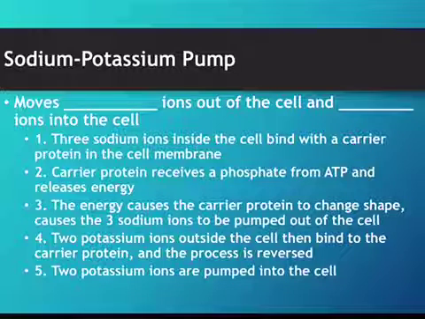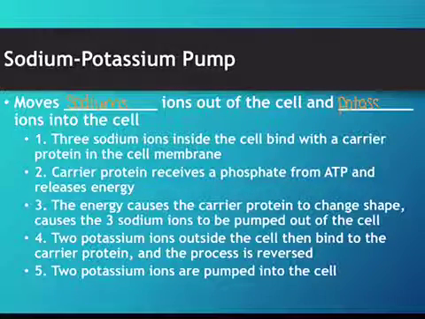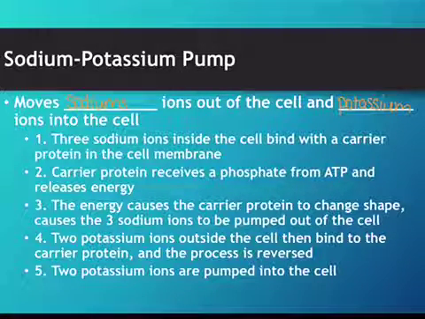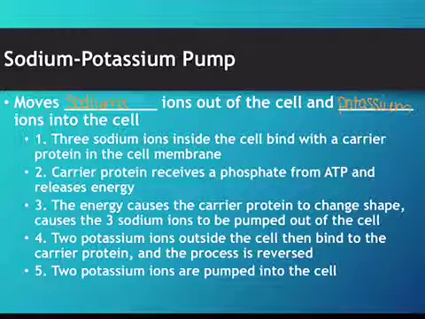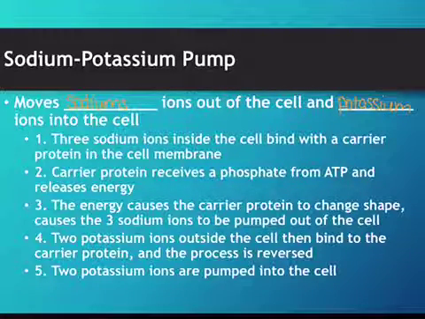So one of the most common pumps is called the sodium-potassium pump. The sodium-potassium pump moves sodium ions out of the cell and potassium ions into the cell. So how it kind of works is we're inside the cell and we need 3 of these sodium ions, and they're going to bind to a carrier protein.